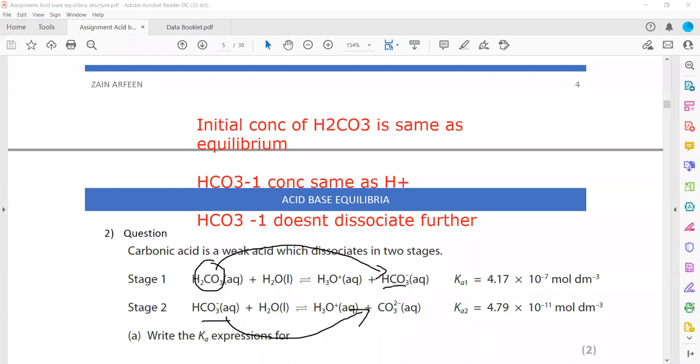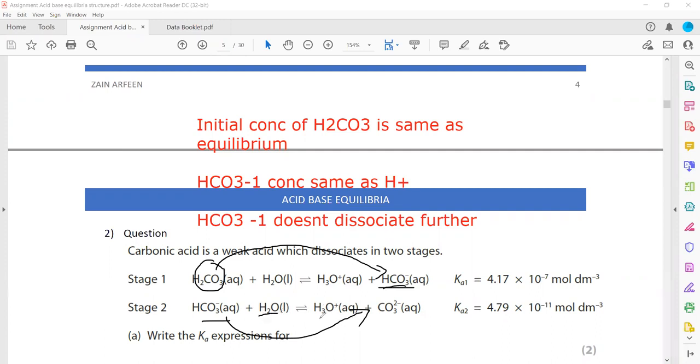So if the further dissociation takes place, the amount of the hydrogen ion won't be the same, because this HCO3- will further contribute protons. It will also donate a proton.